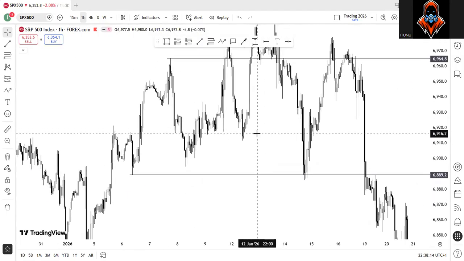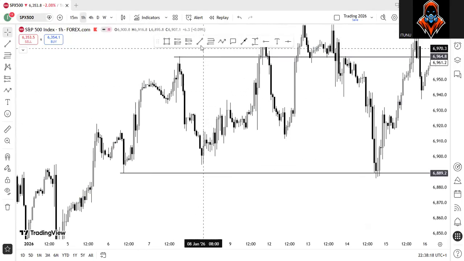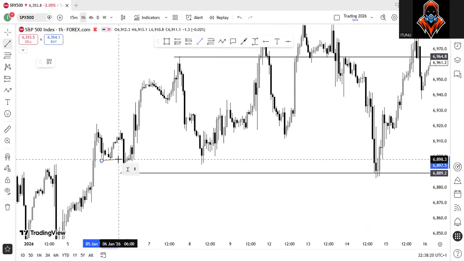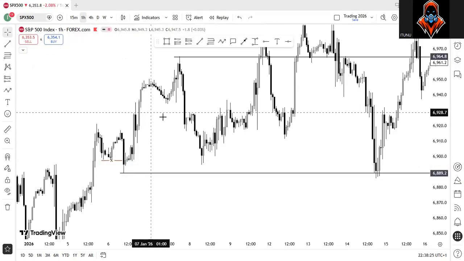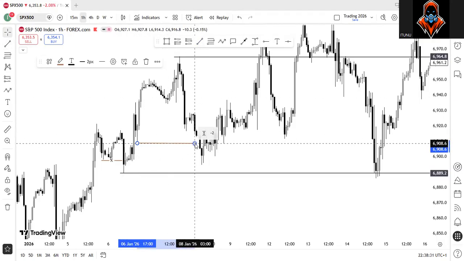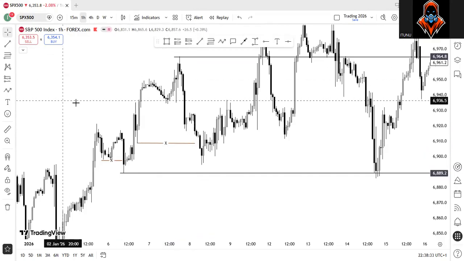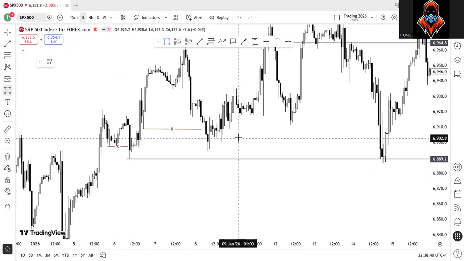So this is my sweep, my liquidity, and order block. This is the last bearish candle before the bullish move.